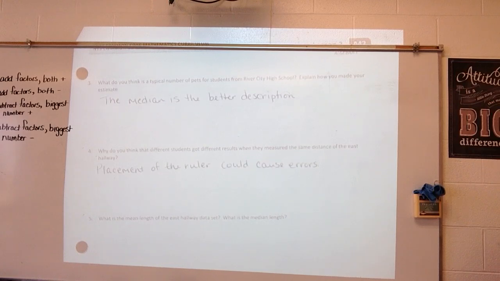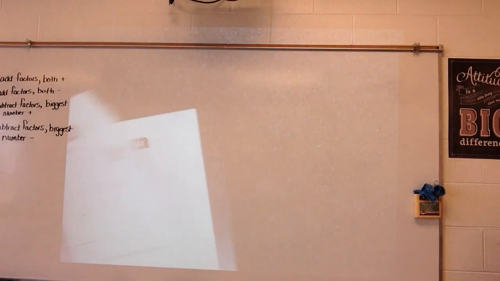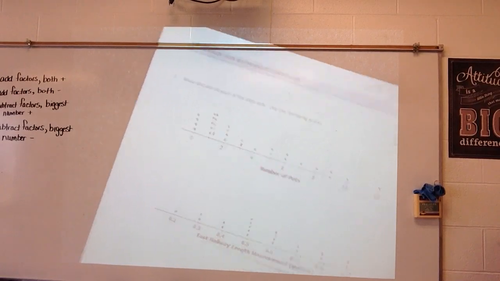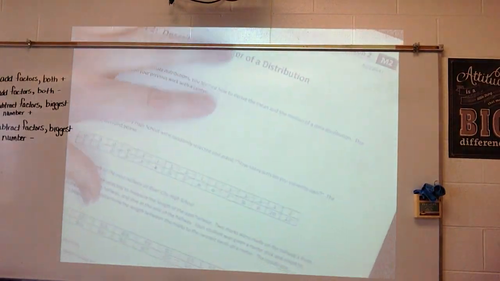What is the mean length of the east hallway data set? Alright, so to find our mean, we're going to add it all together. I'm going to use the calculator here. I'm not going to try to do the decimals in my head.